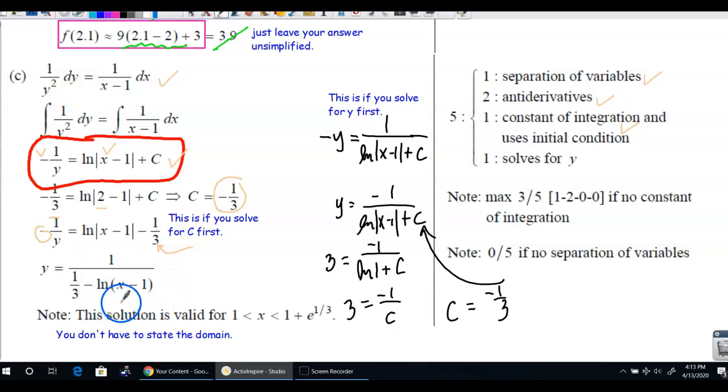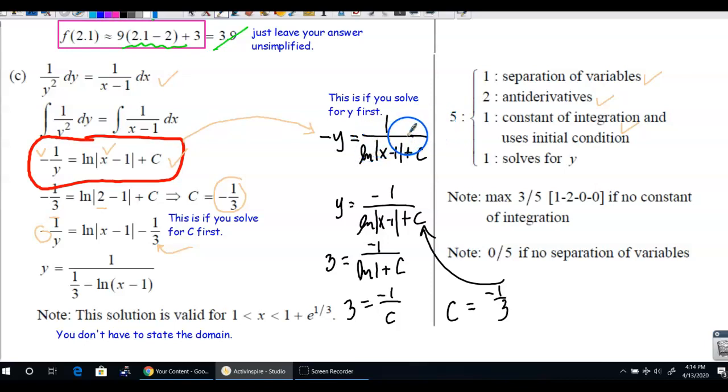It's okay to be a complex fraction. Now the other option is, if you come back to this point right here, instead of solving for c first, you could solve for y. So to solve for y, is the same thing. Flip the fraction on both sides, because if 2 fractions are equal, their reciprocals are also equal.